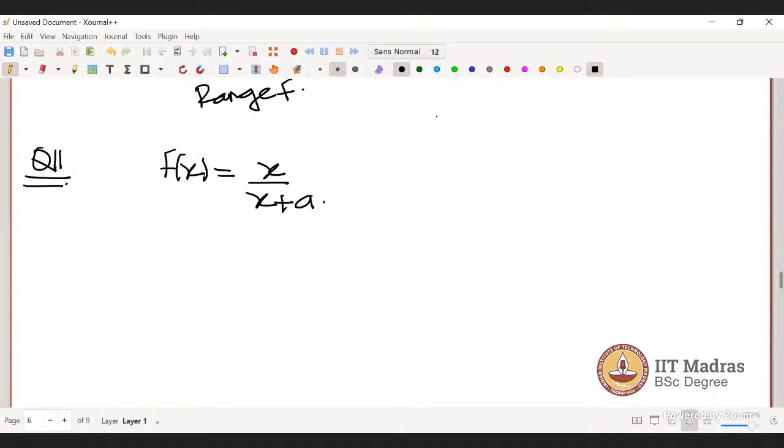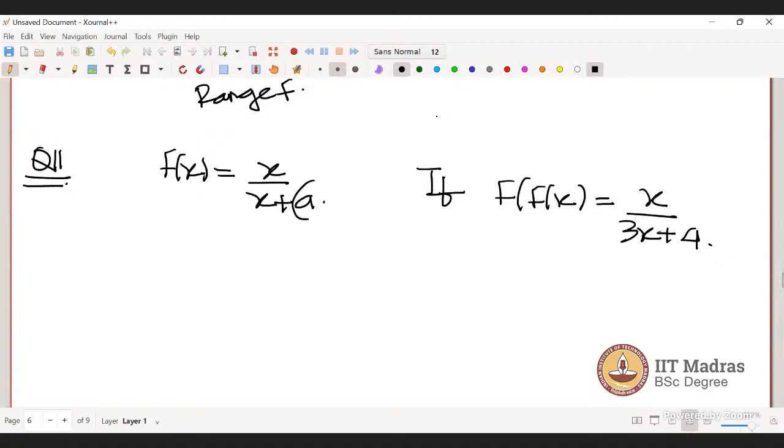This is what f is, and it's saying if f composed f of x equals x by (3x plus 4), what is the value of a? So what is f of x? f of x is x by x plus a.